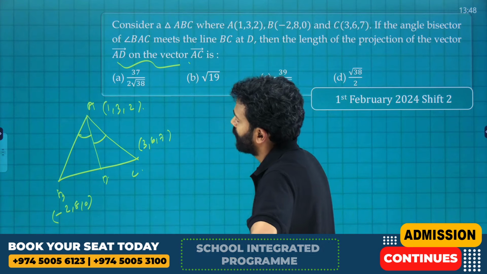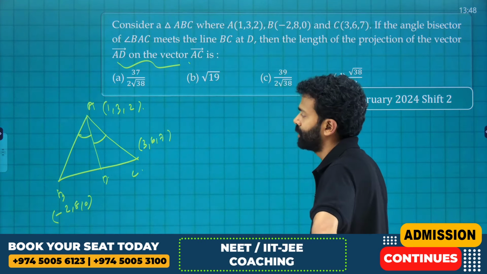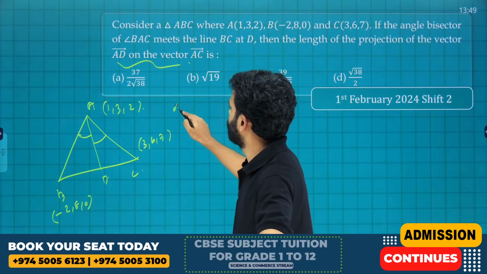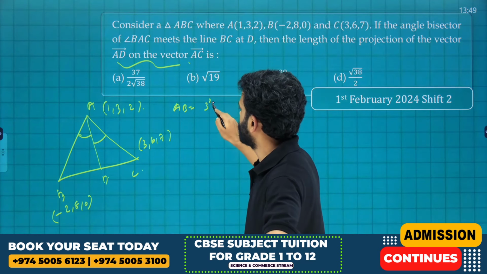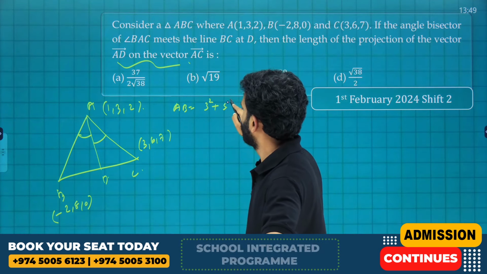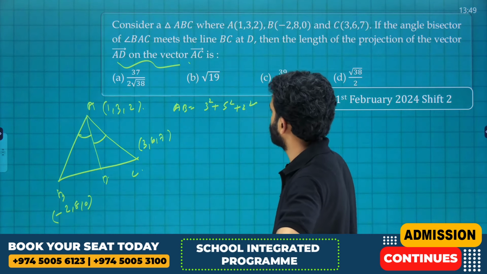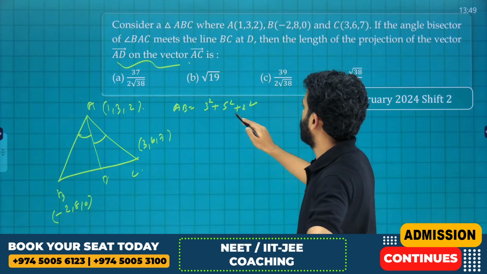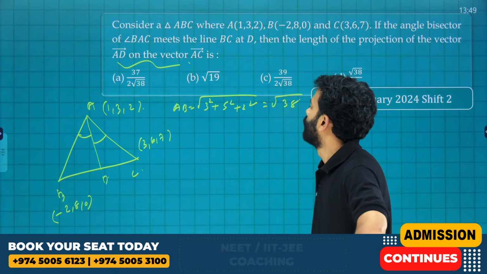Let's try and find out the distances first, and if we can apply the SAS postulate, the question becomes easier. So what is AB? 3 square plus 5 square plus 2 square, 9, 25, 34, that is root 38.